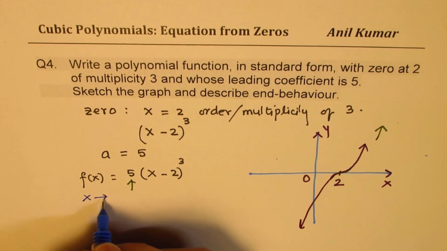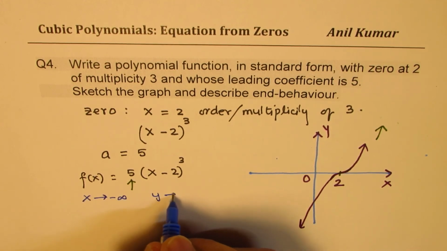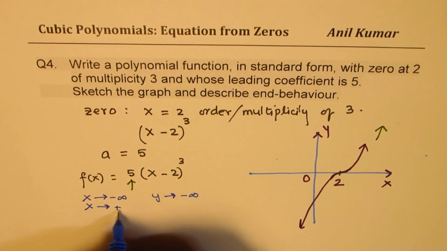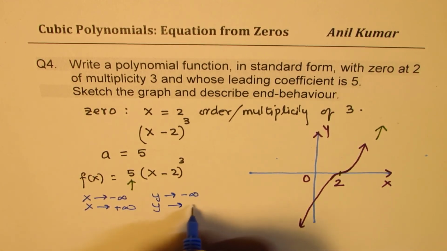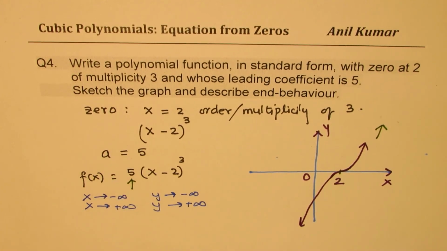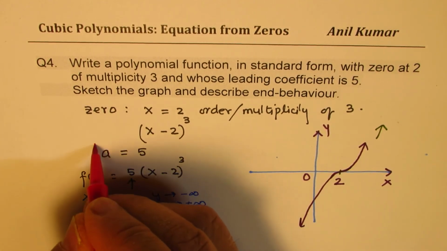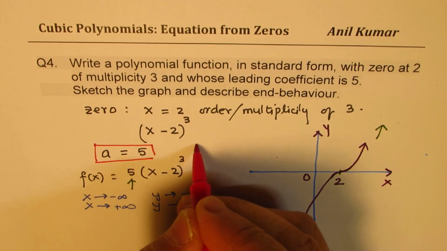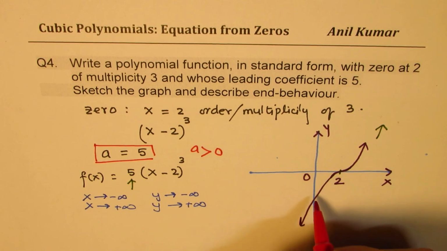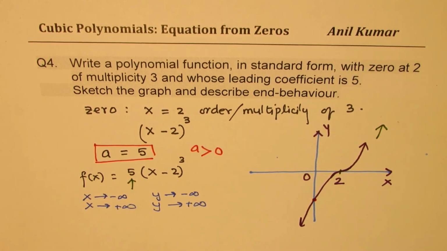Now, let us write down the end behavior. As x approaches negative infinity, y approaches negative infinity, and when x approaches positive infinity, y approaches positive infinity. That is the end behavior. Since the leading coefficient a is 5, meaning positive, a is greater than 0. You get the point? Here, again, it is very important to figure out the y-intercept.